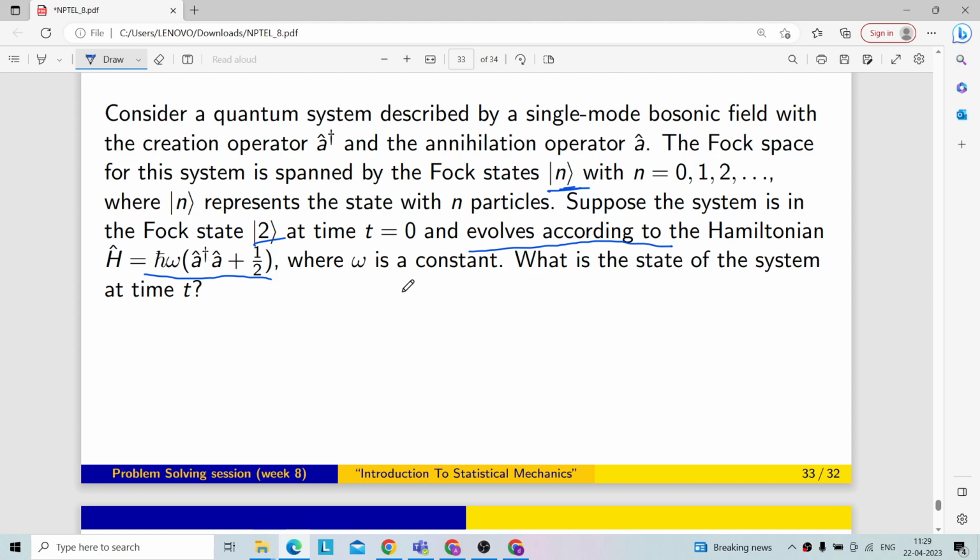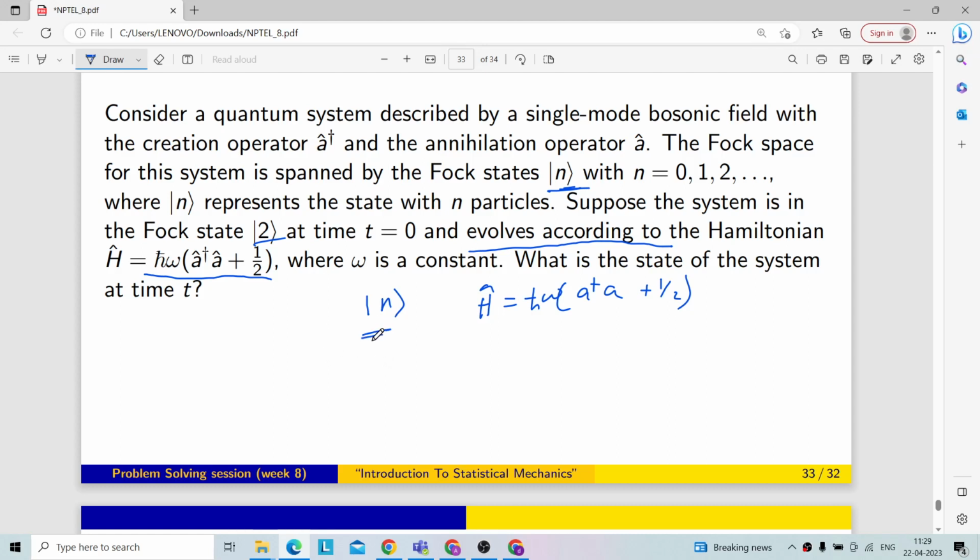So we are given the Fock state n, right? And the Hamiltonian is given like this: h cross omega (a dagger a plus half), and we need to evolve these states with respect to time.